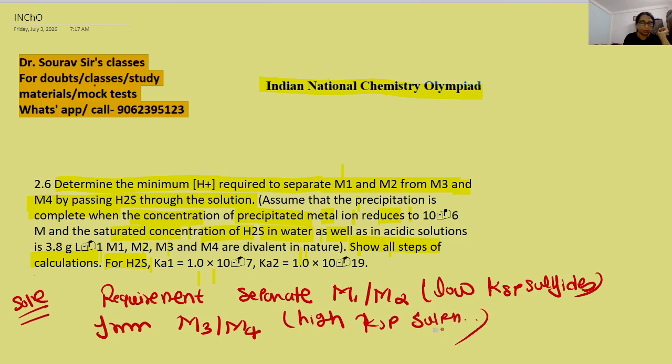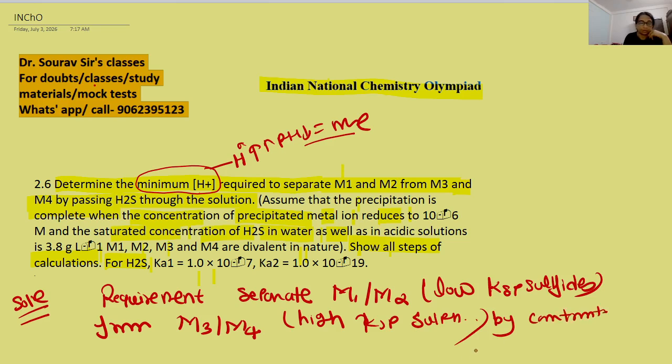Now, by controlling pH, because they are asking to find the minimum amount of H plus ions. The H plus ion is responsible for the pH value, and a high H plus concentration means a low pH, that is, more acidic. On the basis of this concept we can solve the question. We have to control the pH.